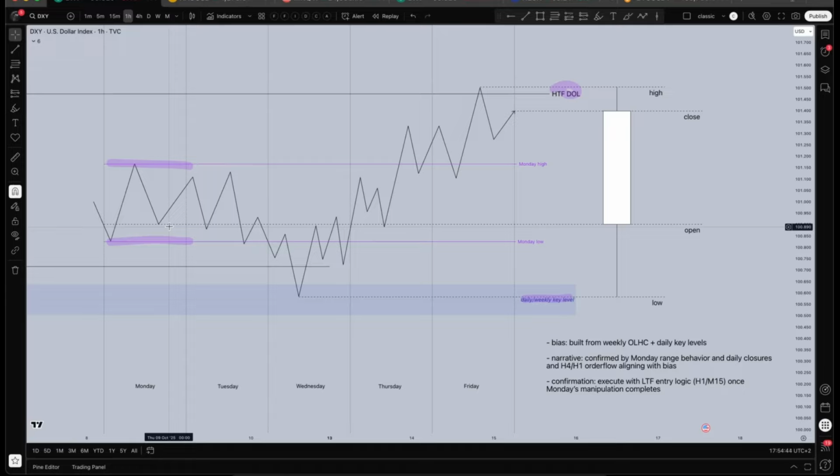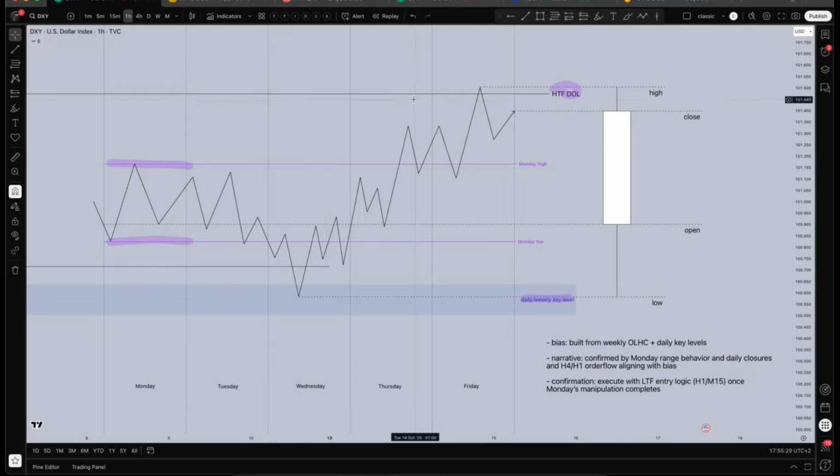Ideally the Monday range forms around the key level. As you can see here, we form the Monday range above this key level, and we also have this old low resting right above. That makes a key level even more high probability, because this will act as a manipulation into a key level. And then once we have the stop run, we can look for the expansion later on.